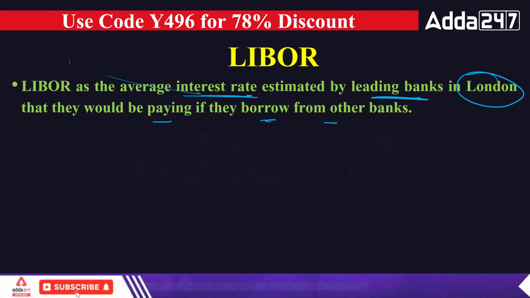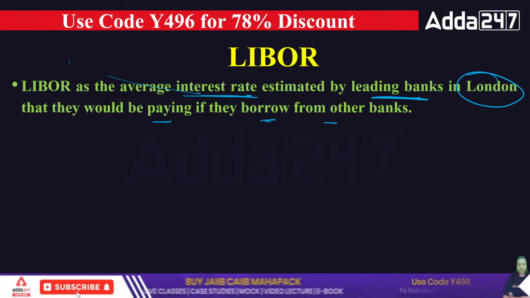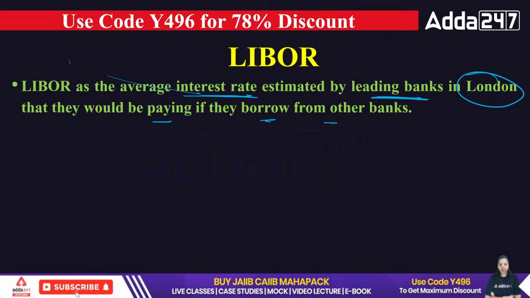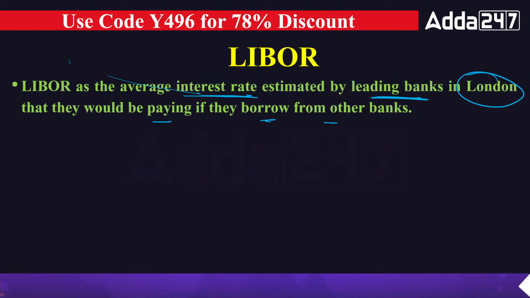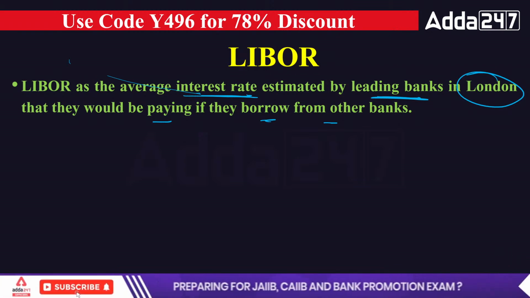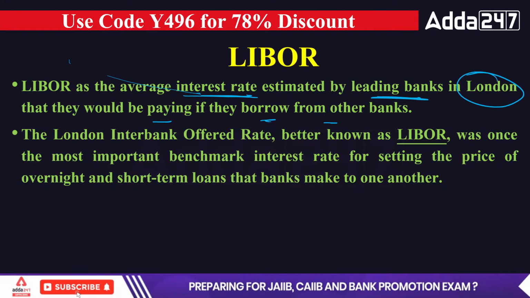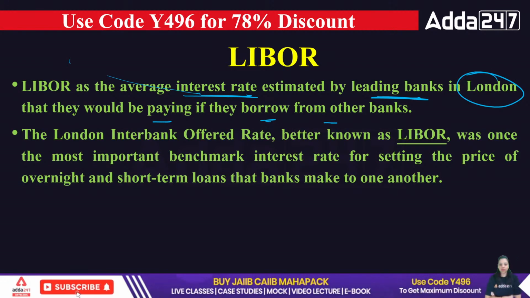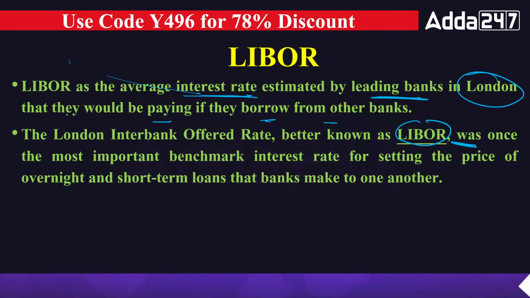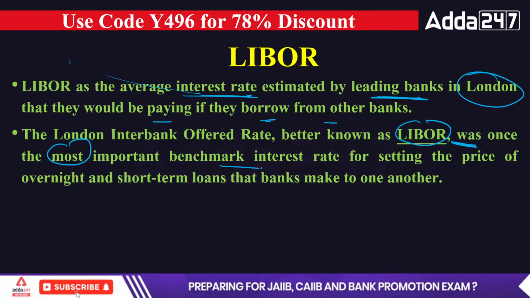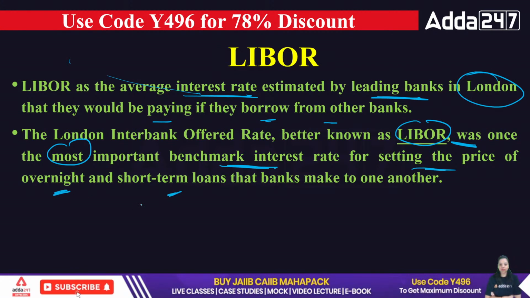So this is the rate of interest estimated by the leading banks of the world, and that rate of interest will be charged by banks to other banks who are borrowing money from each other. Now, one important thing is that the London Interbank Offered Rate, better known as LIBOR, is not working anymore. It was once the most important benchmark interest rate for setting the price of overnight and short-term loans that banks make to each other.